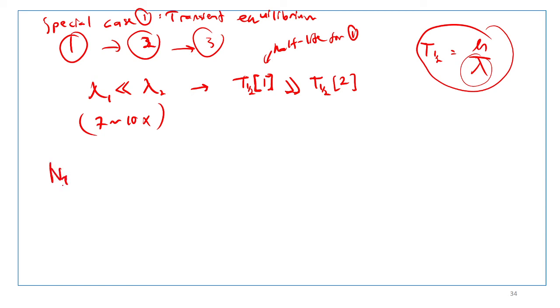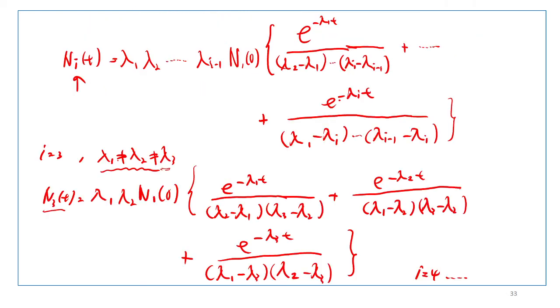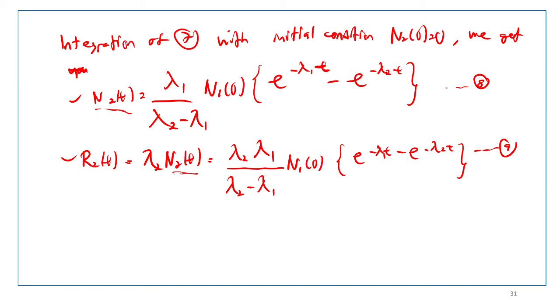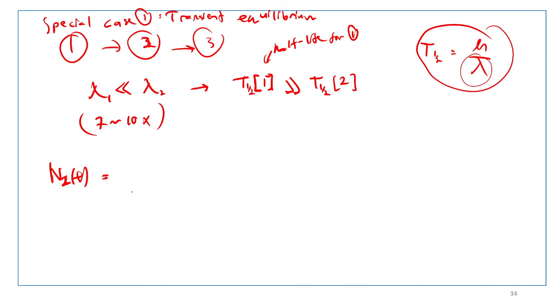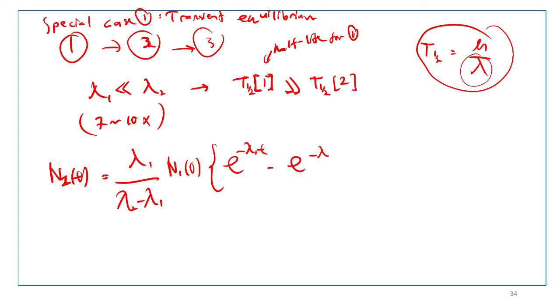So in this case, the number of daughter nuclides, which we did as in equation number 8, is lambda 1 over lambda 2 minus lambda 1 times N1(0), times exponential minus lambda 1 t minus exponential minus lambda 2 t.